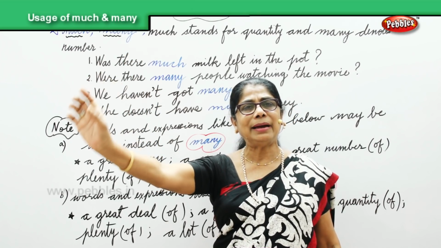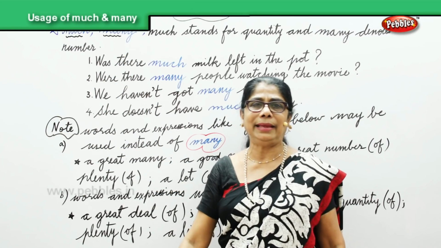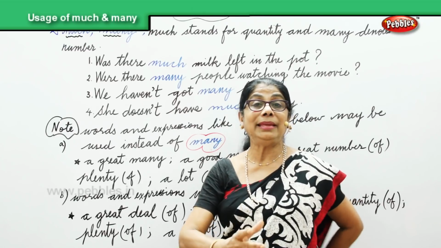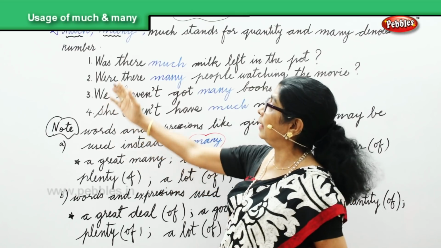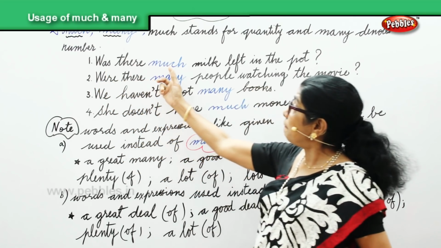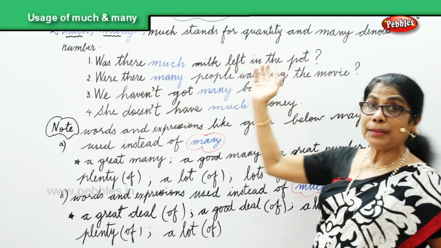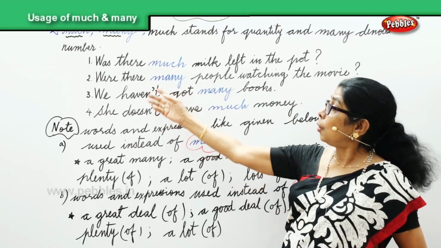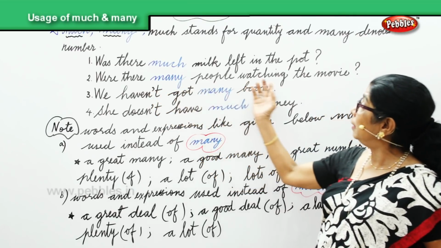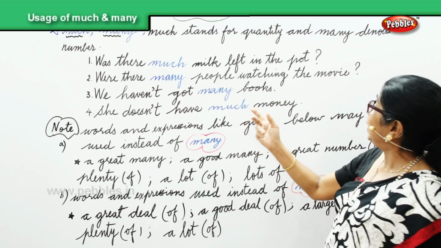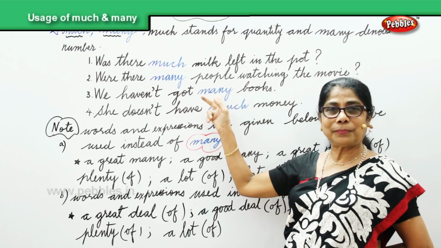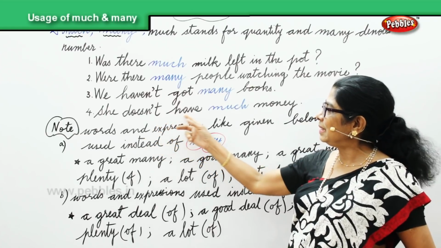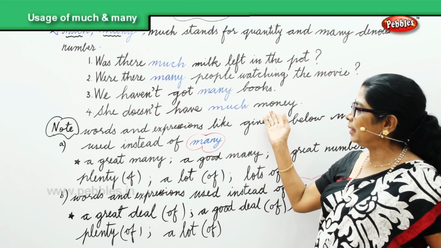How many bananas can you eat in a day? How many gooseberries can you eat in 5 minutes? Like that. Was there much milk left in the pot? Were there many people watching the movie? We haven't got many books. She doesn't have much money.